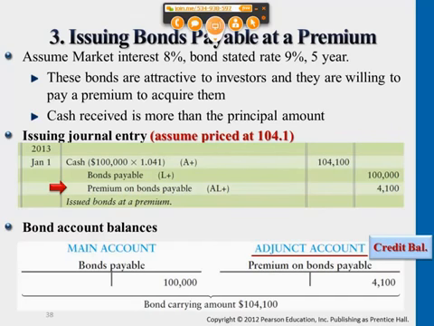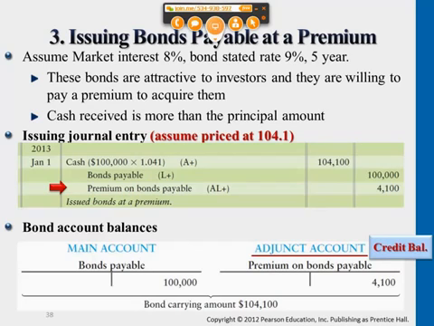So in this example, what is the premium amount? Face value is $100,000. The premium would be just $4,100, right?